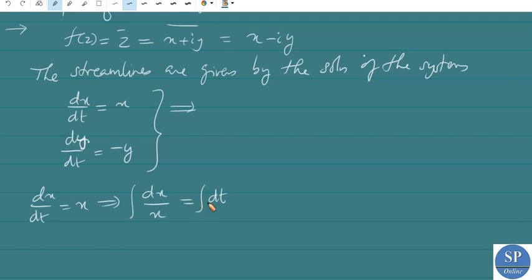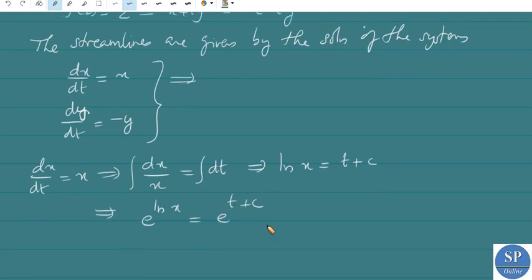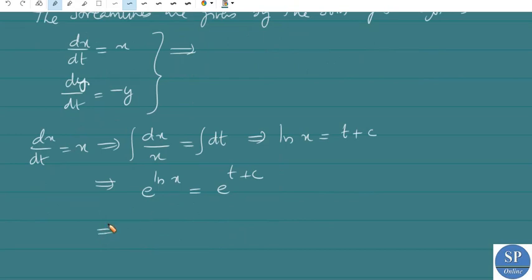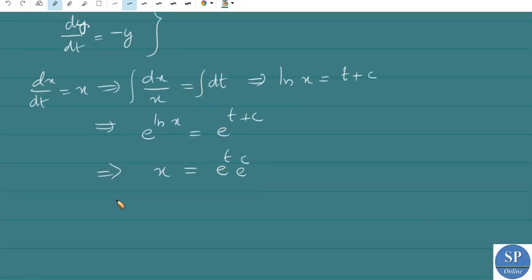Integrating separately, we get ln of x is equal to t plus some constant c. Applying the exponential, we get e to the power ln of x, that is x, is equal to e power t plus c. So x is equal to e power t into e power c.